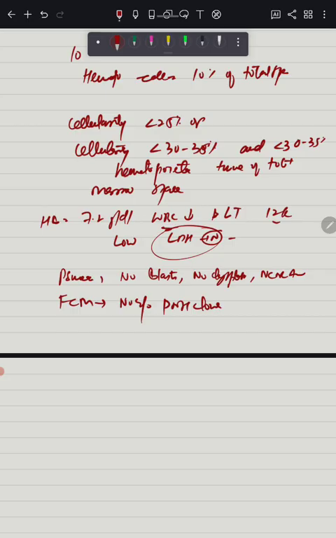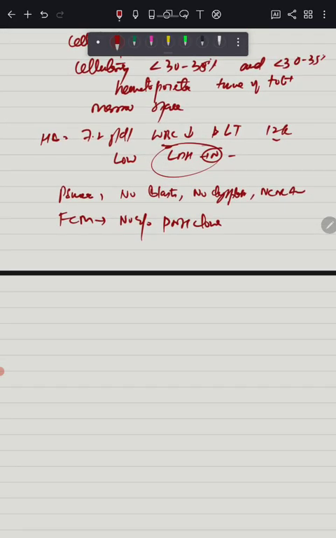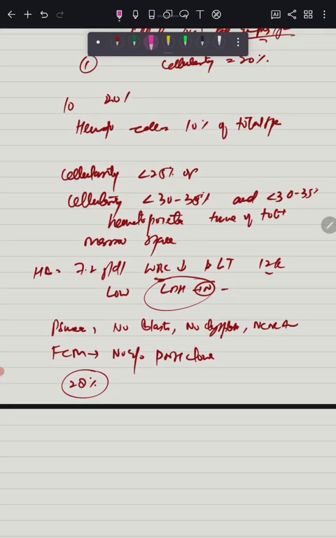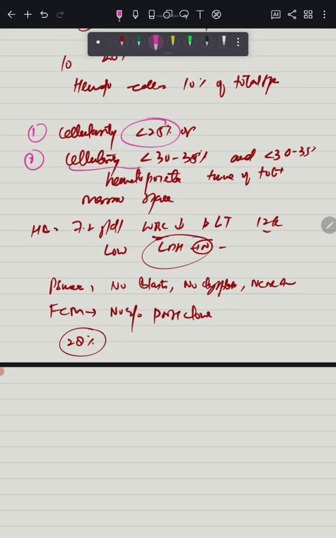The bone marrow biopsy we did shows cellularity of 28%. But we know the diagnostic criteria: cellularity should be less than 25%. So this is not meeting the first criteria. Now, cellularity less than 30 to 35%, so it can fall here, but partially.